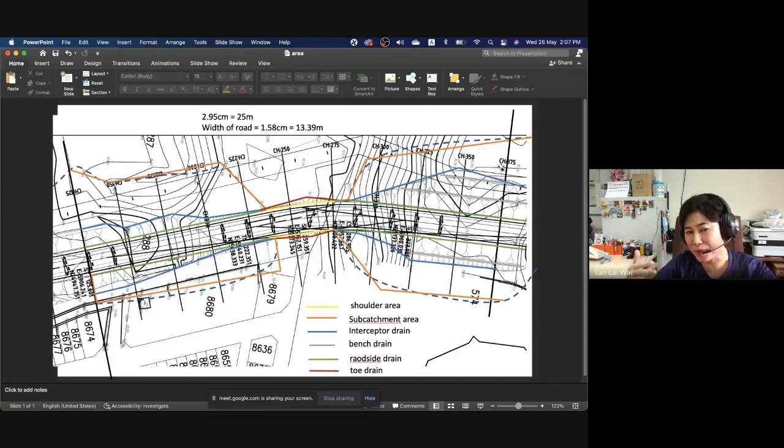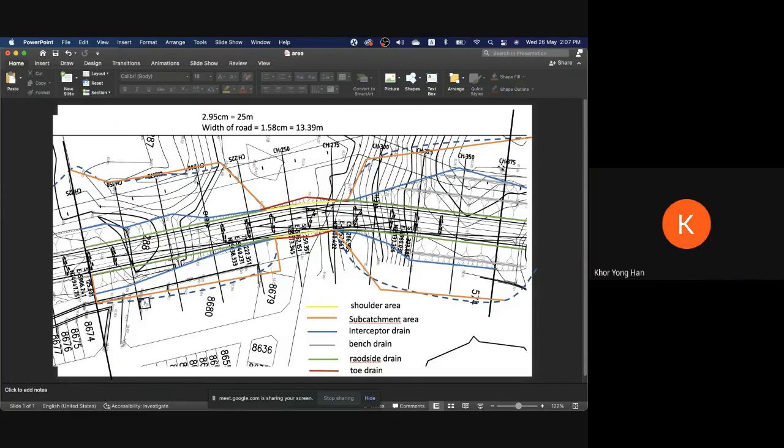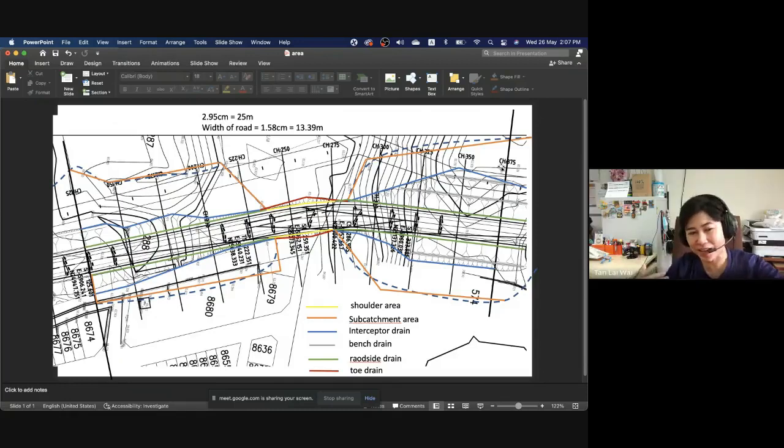Why do I say more than 12-meter when I measure vertically? Because you have two bench drains there. On the right side it is less than 12-meter because you only have one bench drain. If you can see that.